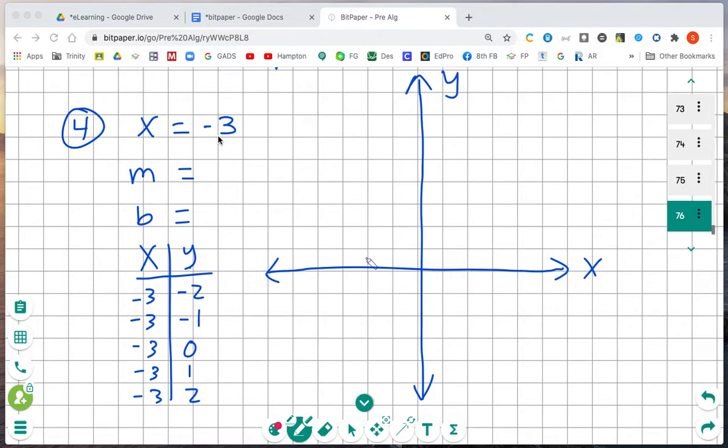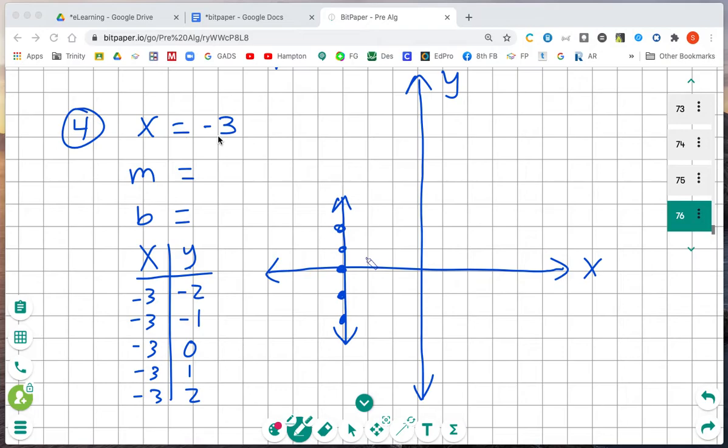Then I'm going to go to -3, 2, -3, -2, -3, -1, -3, 0, -3, 1, -3, 2.